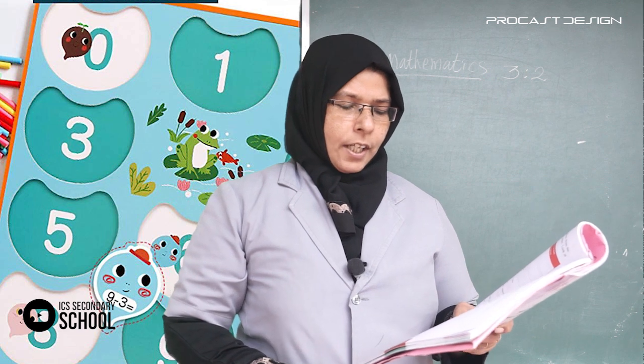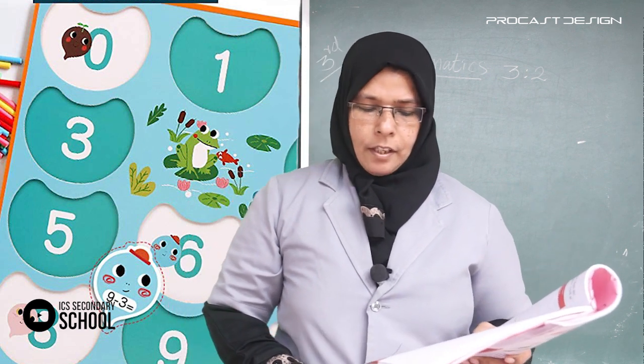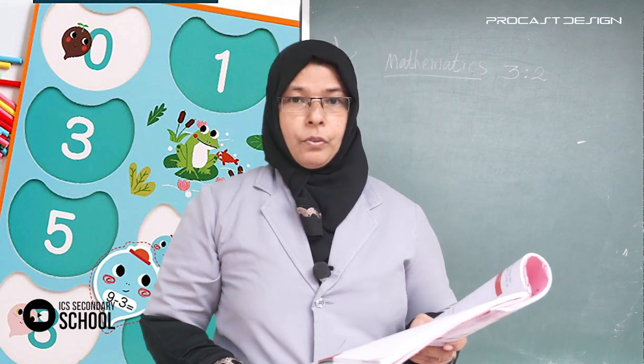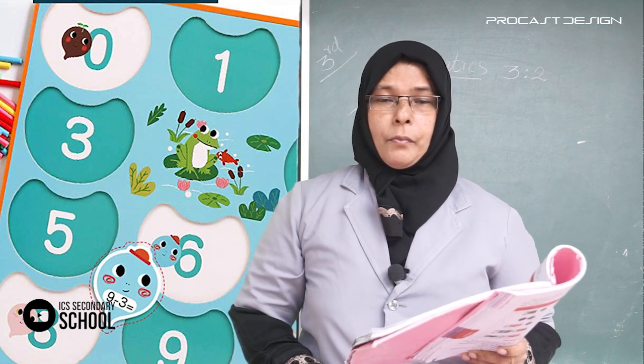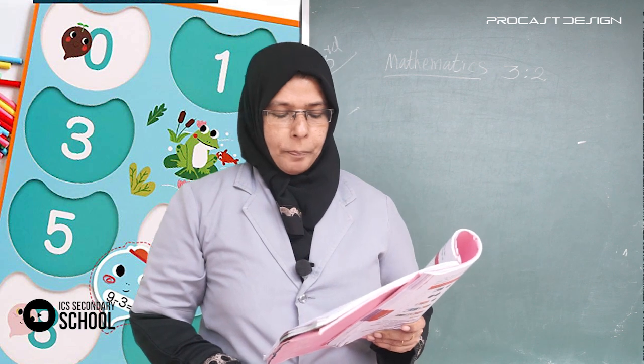Listen. To convert rupees and paise into paise, you can do either of these. Multiply the rupees by 100 and add the paise to it, or remove the dot between rupees and paise.